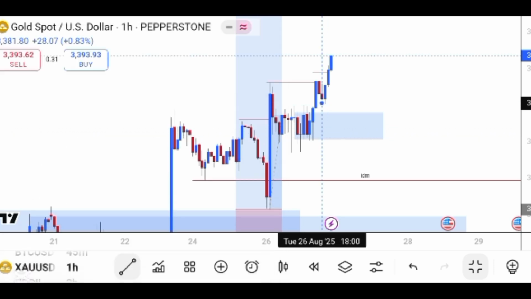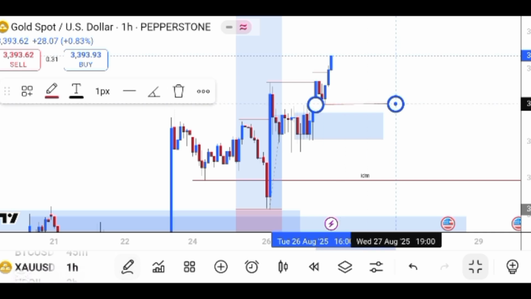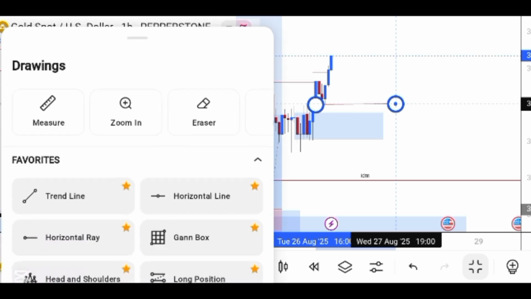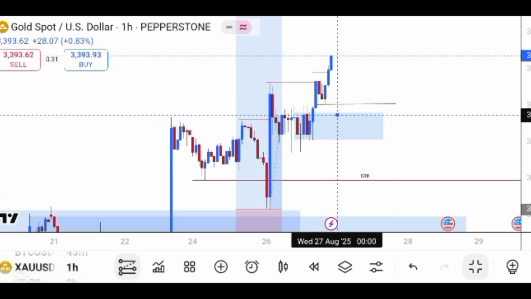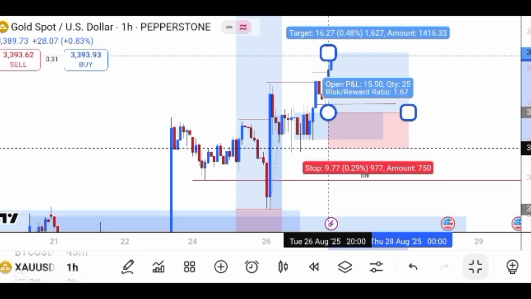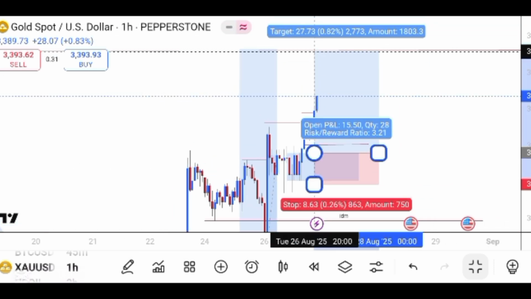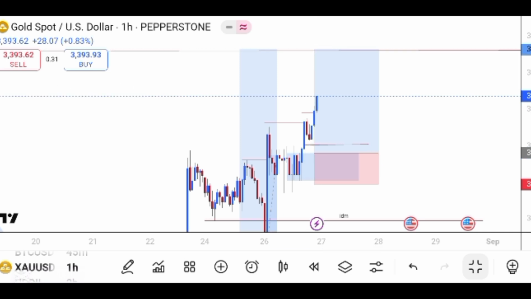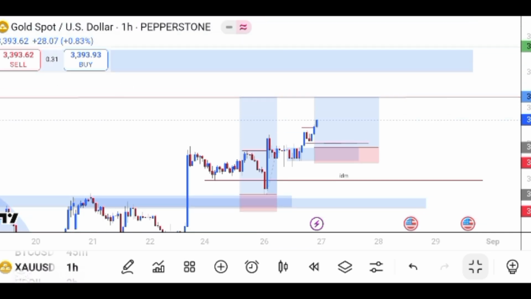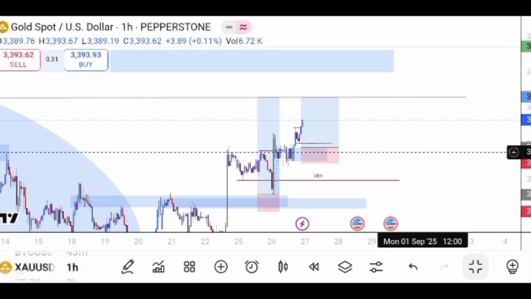So this will be our liquidity, which is IDM, that's protecting this demand order block. It's in reverse. So this will be our spot to enter the market again.